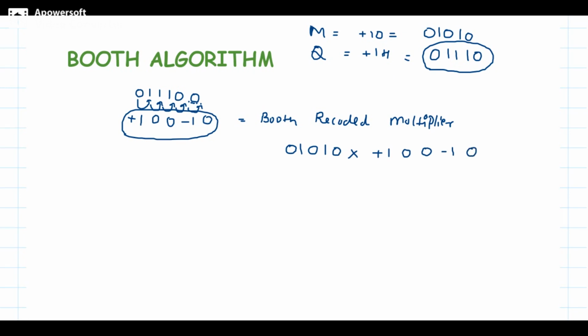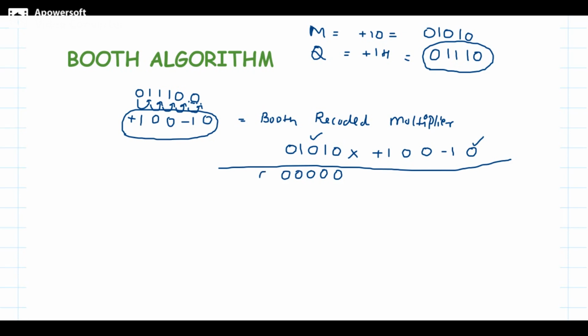Now bitwise we have to perform the multiplication. The first is 0 into this one, that is 0 into 0 is 0, 0 into 1 is 0, 0, 0, 0, and we have to consider additional 5 zeros, that is nothing but sign extension.